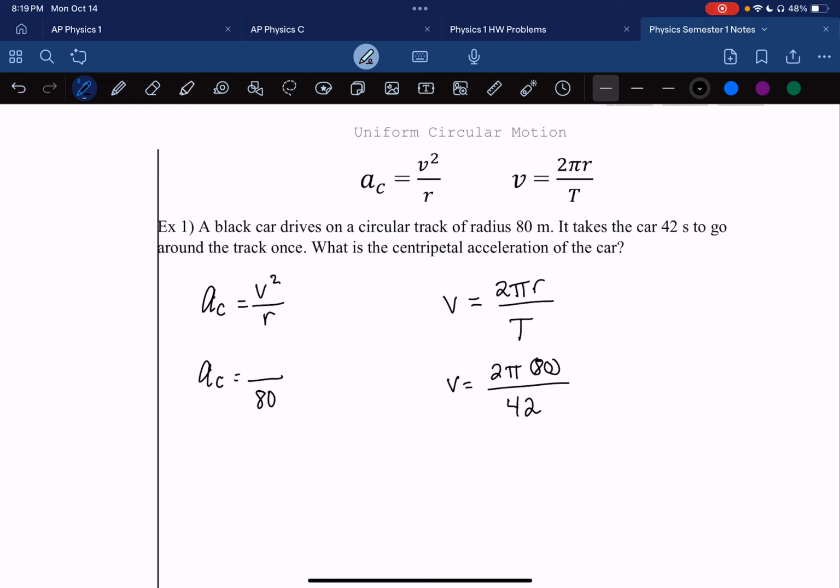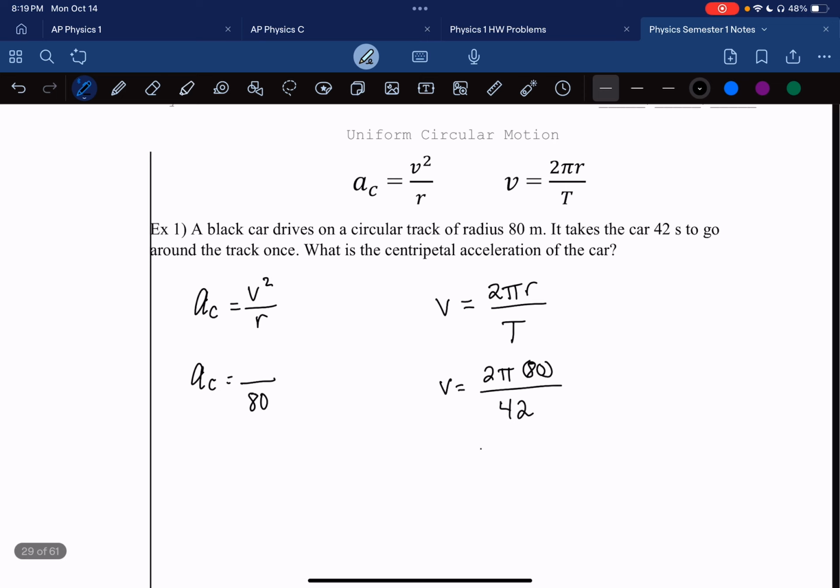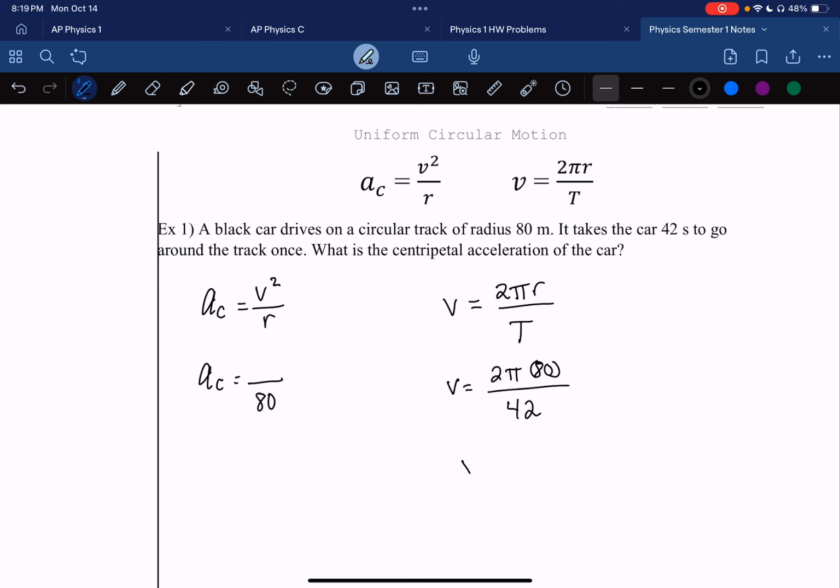So we will just calculate this. 2 pi 80 over 42. And we get 11.97, which we could say is really just 12.